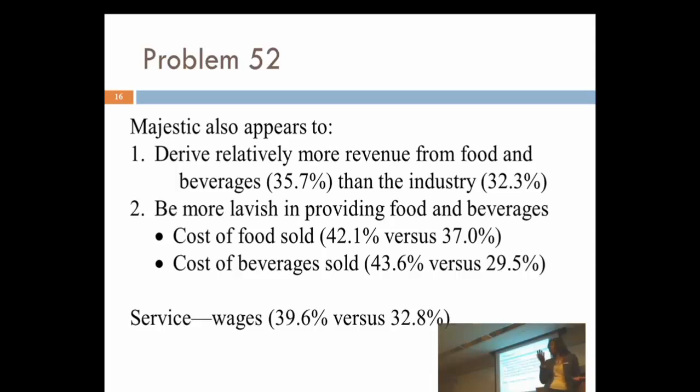I don't know. So maybe they're trying to move up. In trying to move up, they're improving their banquet facilities. Maybe they're trying to get more revenue from banquets and banquet services. So as a result, they're increasing the quality of service that they provide.